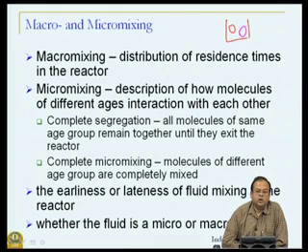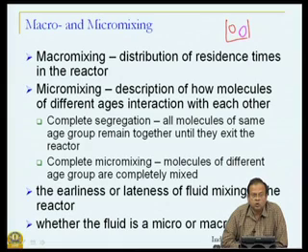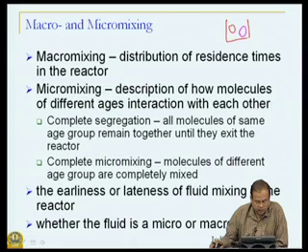If these fluid elements do not interact with each other, that is all molecules of the same age group remain together until they exit the reactor, so there is no crosstalk, this is the situation of complete segregation. On the other hand, if molecules of different age groups are completely mixed, we have what we call complete micro mixing. So, two different extremes, complete segregation and complete micro mixing.